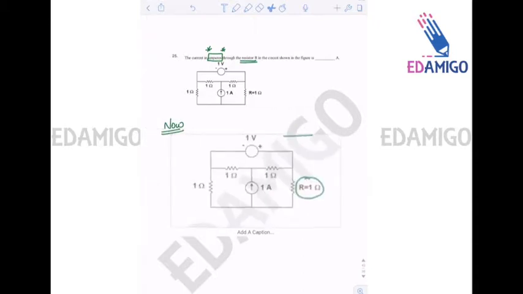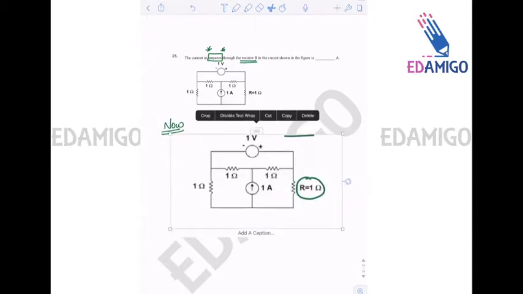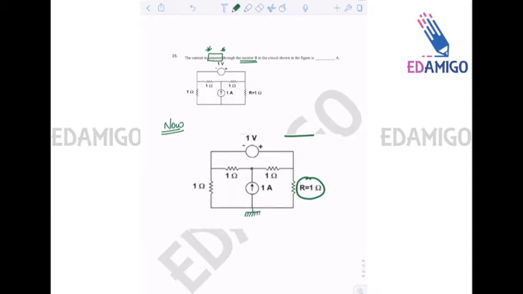Okay, now let us assume that this is grounded and this 1 ampere current is coming at this node A. Let us assume that current I1 flows here.